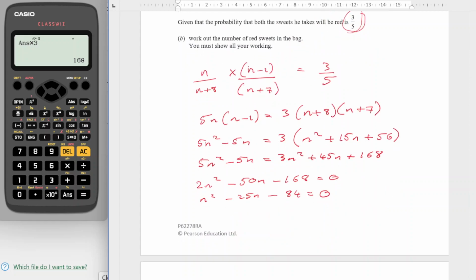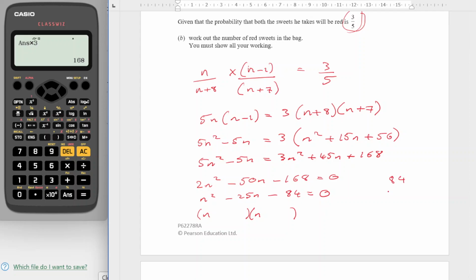And then I'm going to assume that they factorize. That's my first method. Right, so n and n. I'm looking for two numbers that multiply to make 84 and that add to make 25.